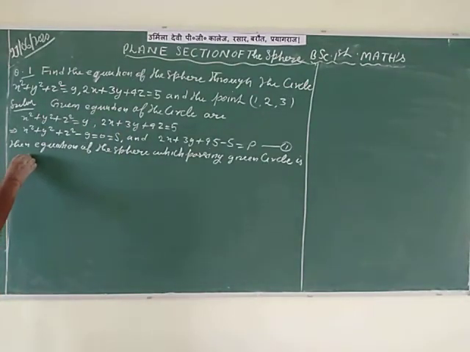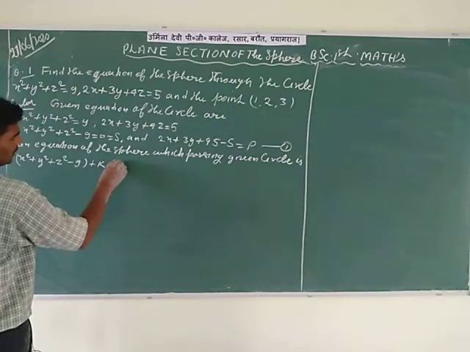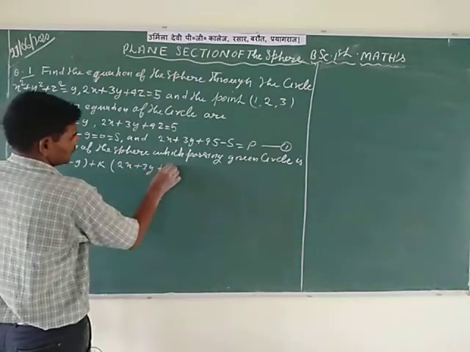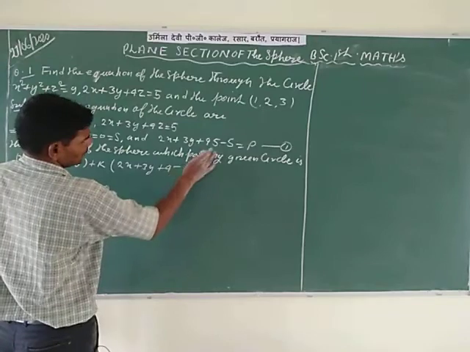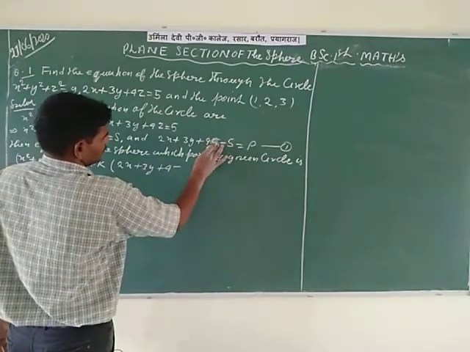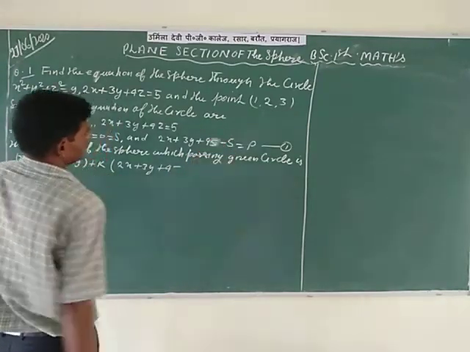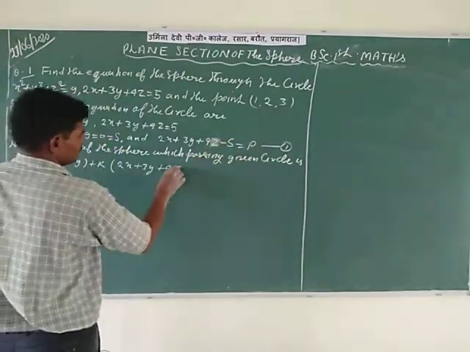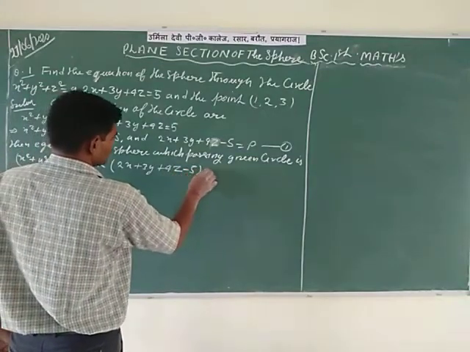So it is x square plus y square plus z square minus 9 plus k times, where k is a constant, the plane equation, meaning 2x plus 3y plus 4z minus 5 is equal to 0.